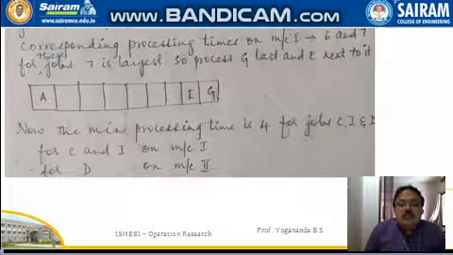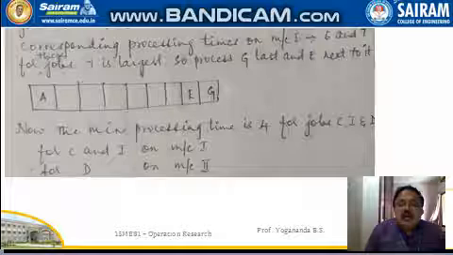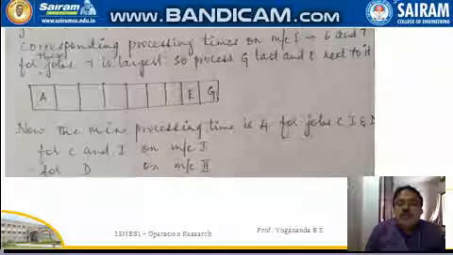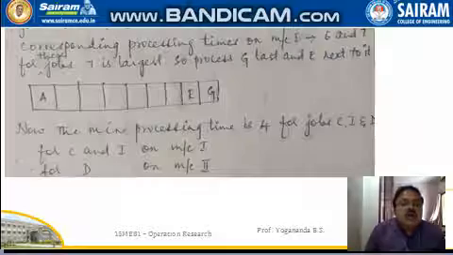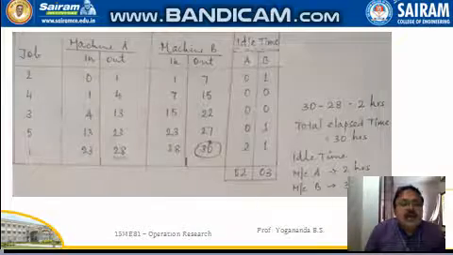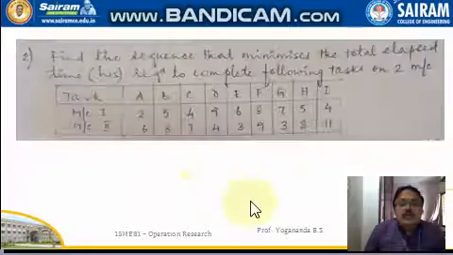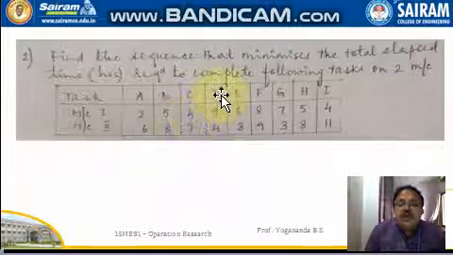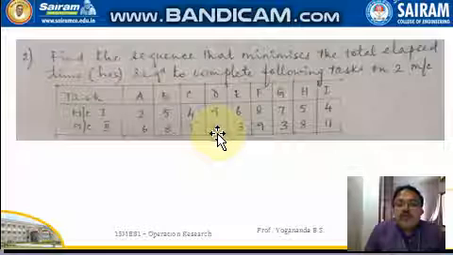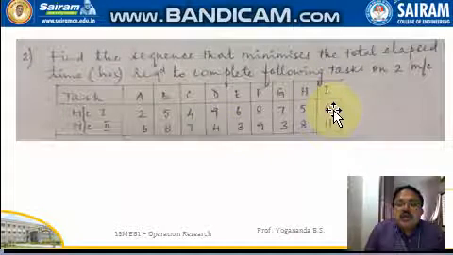Now the minimum processing time is 4. That is for three jobs, C, I and D. We have C with 4 hours, D with 4 hours, and I also with 4 hours.